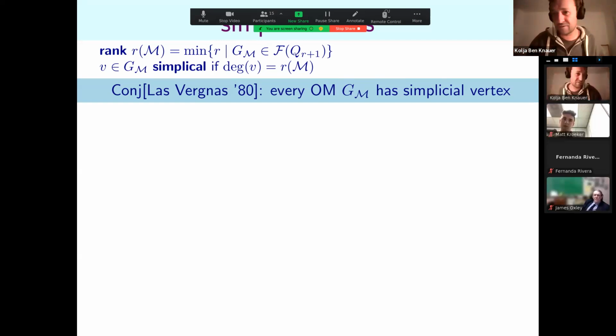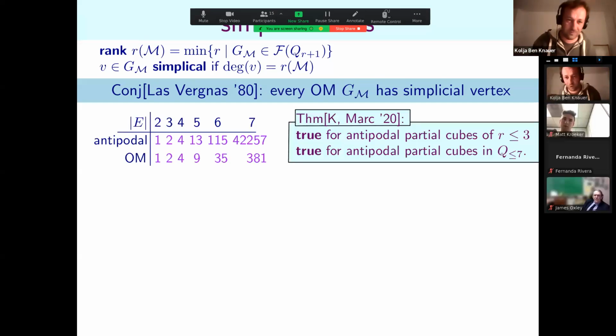Yes, it's very open. And for rank 3, we could actually prove it also for antipodal graphs of rank 3. We showed that tope graphs of oriented matroids are antipodal partial cubes plus some extra properties. But for rank 3, you could actually also prove it just for all antipodal partial cubes.